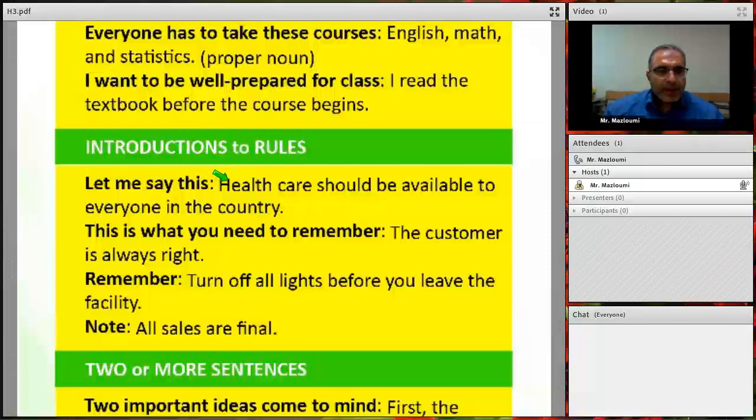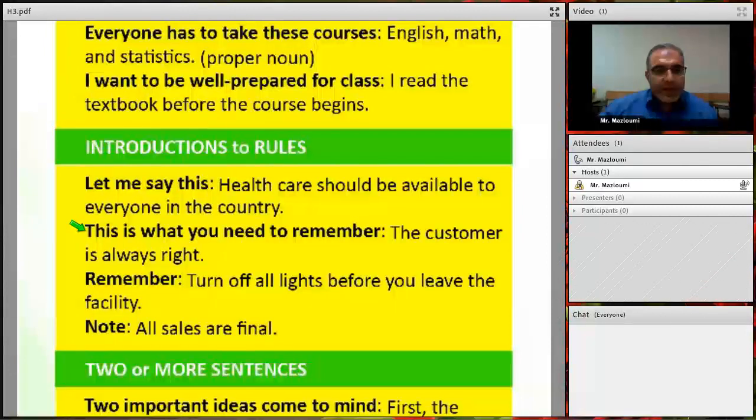So here, guys, in these examples, we are introducing some rules. Colon, healthcare should be available to everyone in the country. It should be possible, everyone should be covered. Because we have a rule, a sentence, we capitalize the H here.